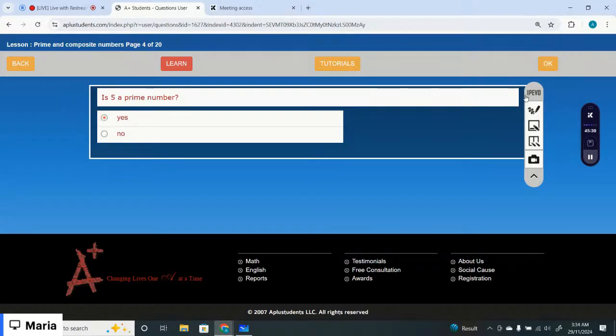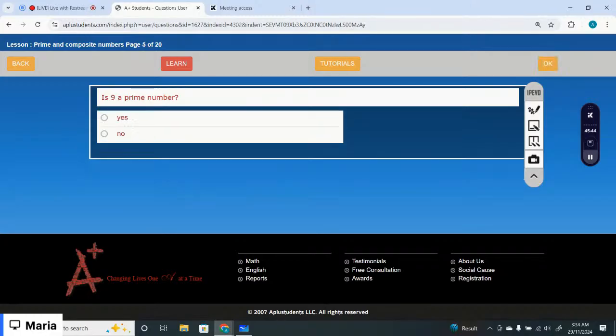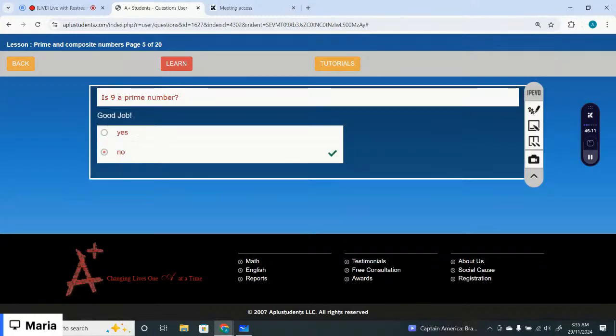Yes, 5 is a prime number, right? Is 9 a prime number? No, 9 is not a prime number, right? Because 9 has more than two factors. So 9 is a composite number.